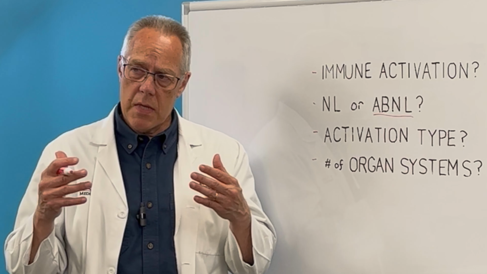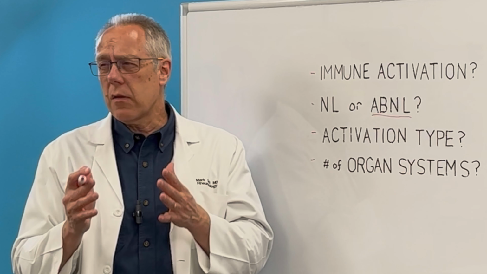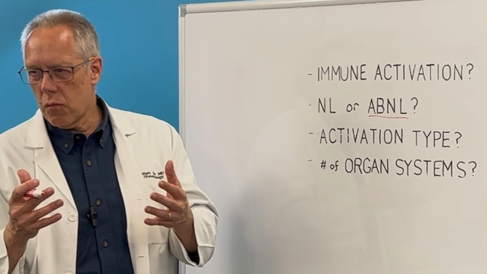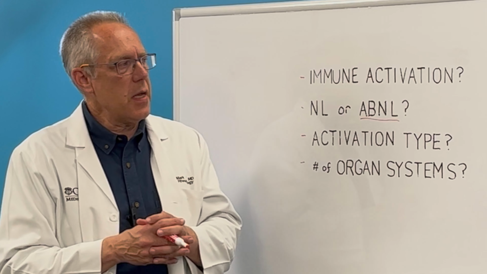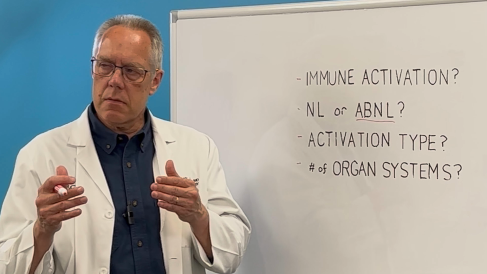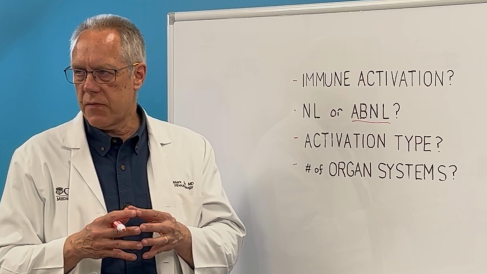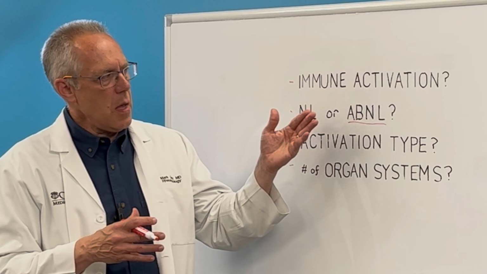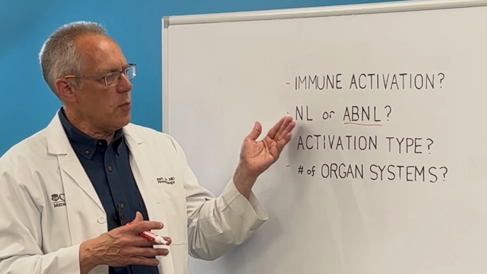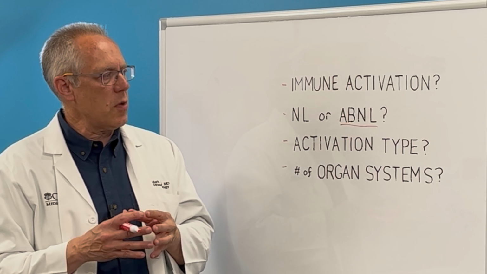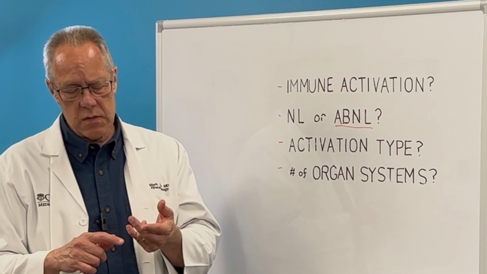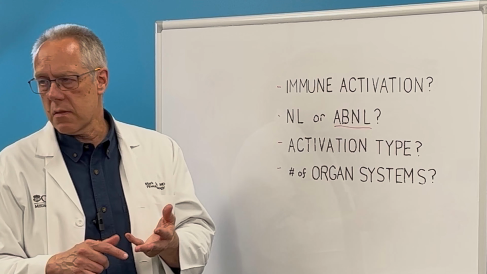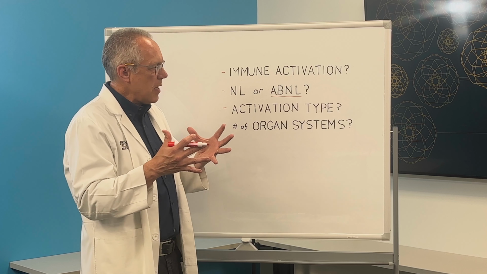And so even though you may not have a clear diagnosis at this point of what it is, maybe it won't fit a good pattern recognition diagnosis, you can at least define it by its pathophysiology: that there is immune activation, we can't find a normal cause for the activation, that it seems to be inflammatory, and it seems to be involving the lungs and the skin and the joints. And so there you have a good idea of what's going on.